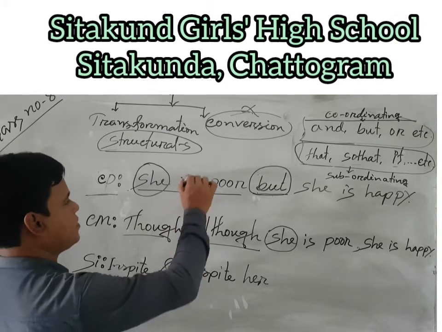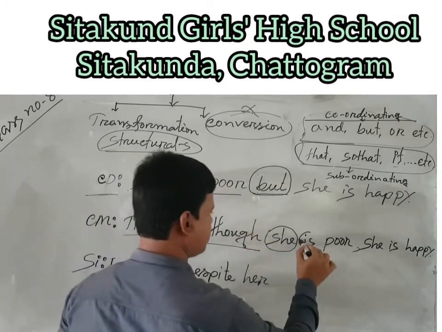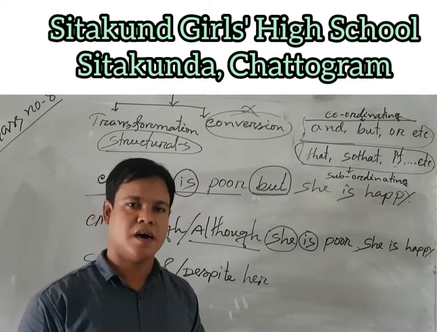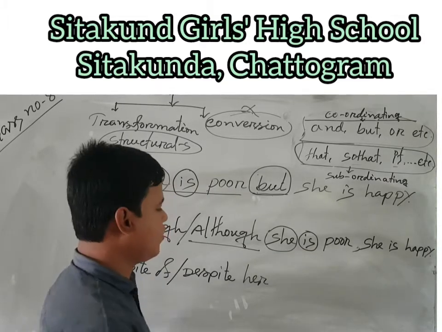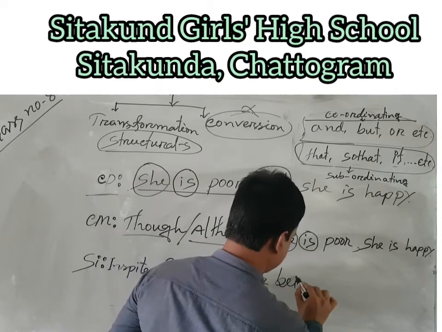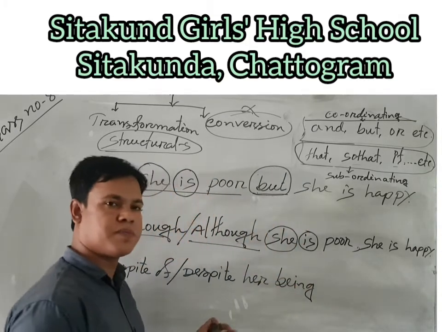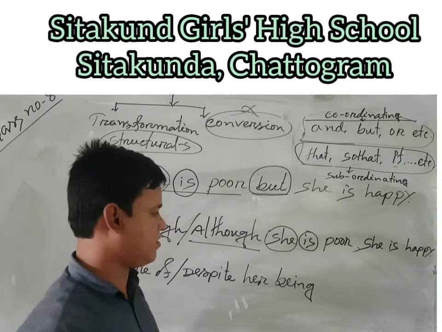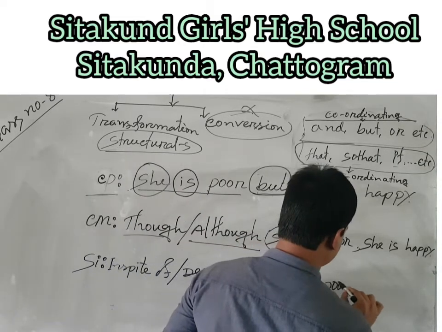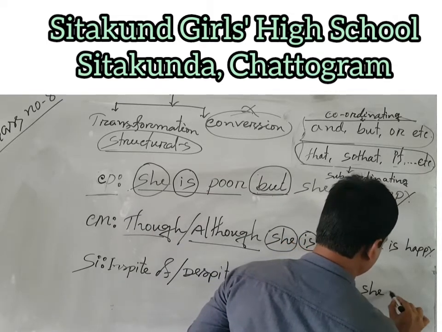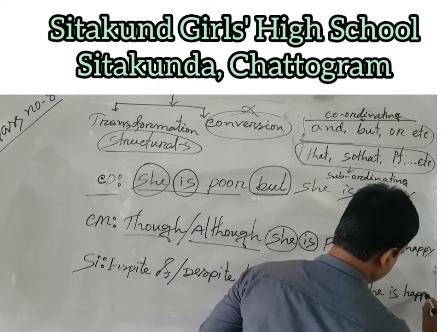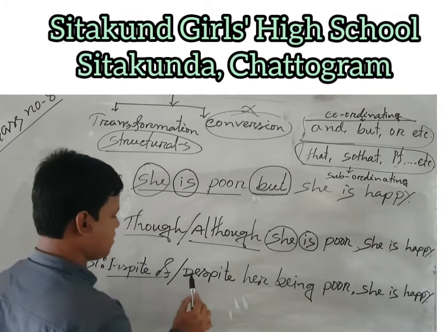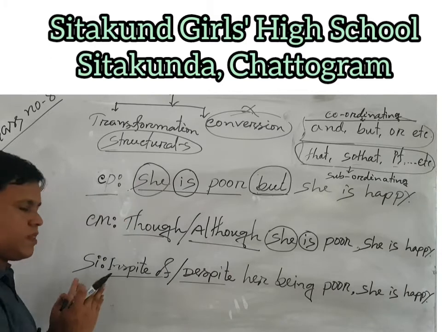Then we have to use the verb. Students, this is a be verb. Am, is, are, was, were will be the present participle, being. Am, is, are, was, were will be being in the simple sentence.